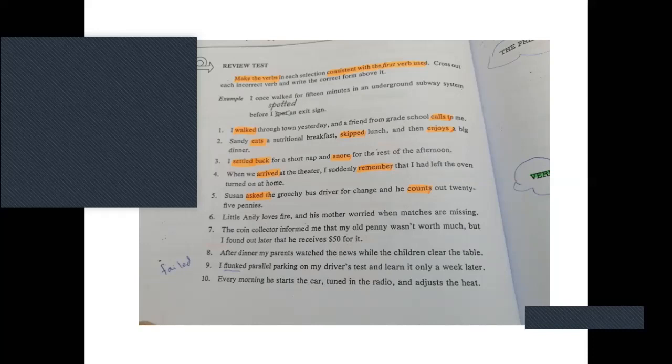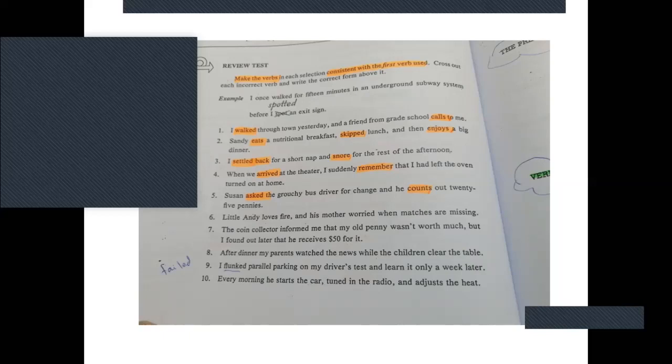You should show consistent use of the tenses throughout the whole paragraph or the topic you are writing about. Otherwise, you are making a horrible mistake. Again, sometimes it's okay to use the future with the simple present. They could work together, but never use past with the future, past with the present, or present with past, okay?